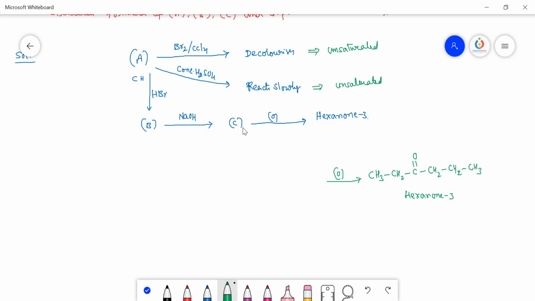Some compound on oxidation, that is compound C. Oxidation gives the ketone, and only secondary alcohols give ketones on oxidation. So compound C will have the same atomic arrangement, but this carbon will have the OH group: CH3, CH2, CH(OH), CH2, CH2 and CH3. This is the secondary alcohol, which is compound C.